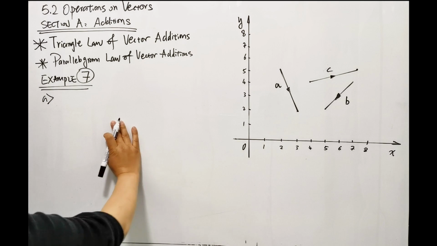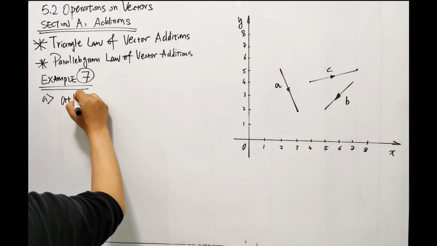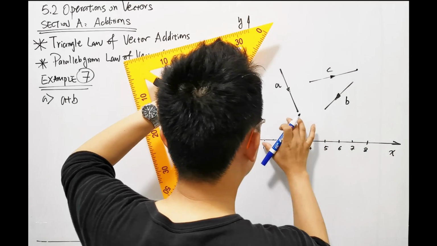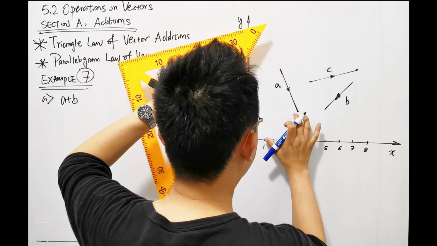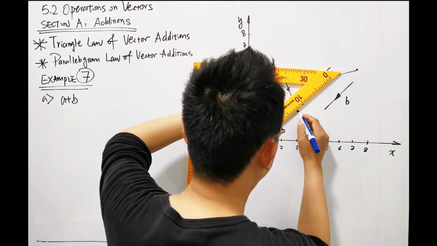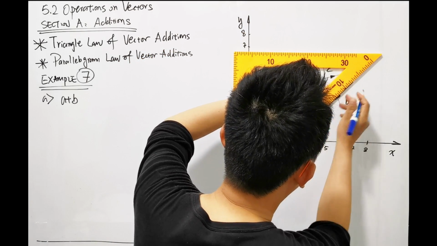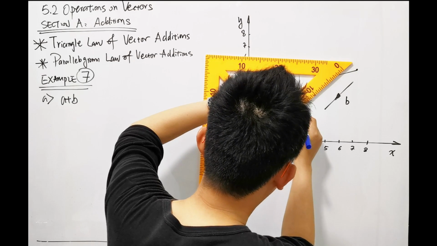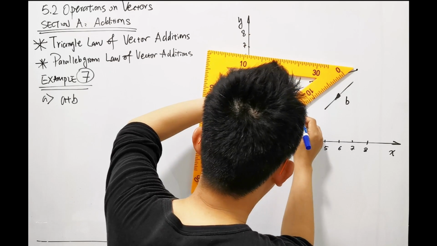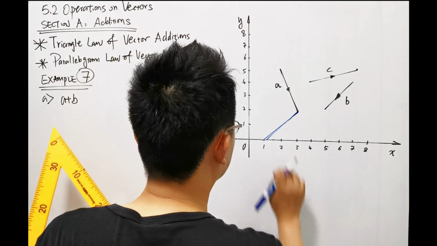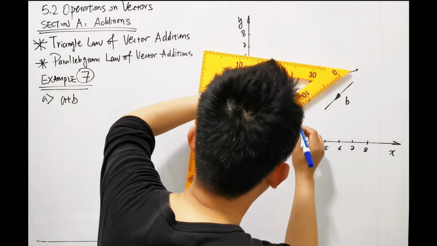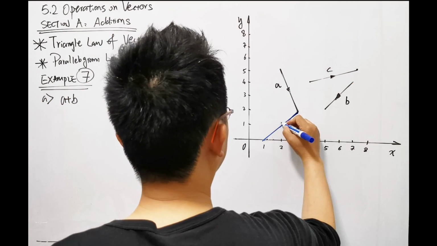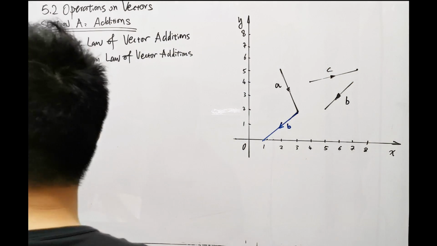For a plus b, we find the sum of a plus b. From this vector a, we move this point to here, then it becomes b, right?